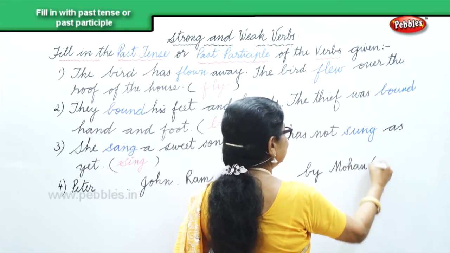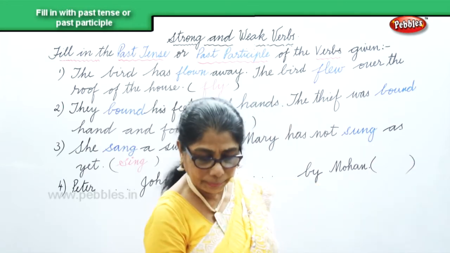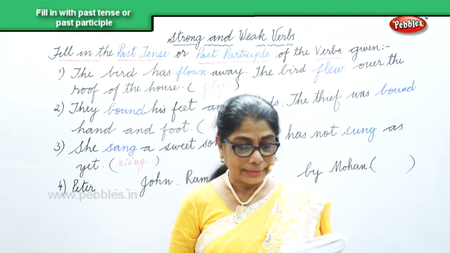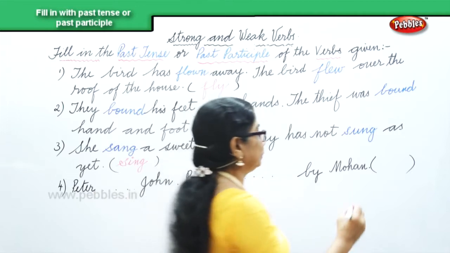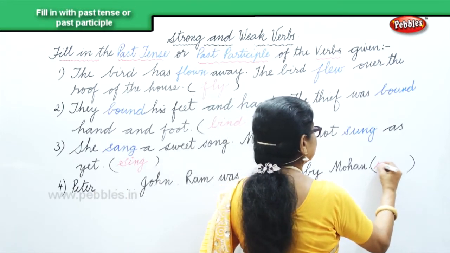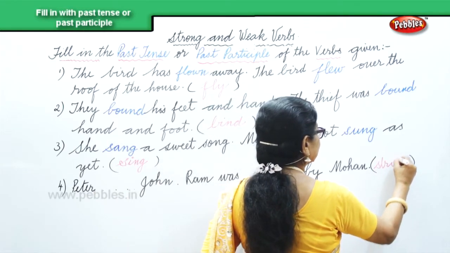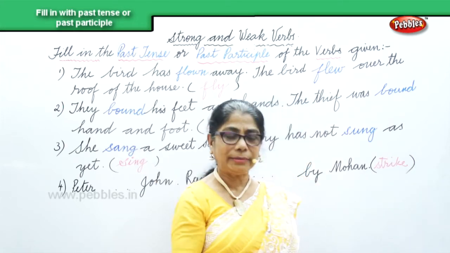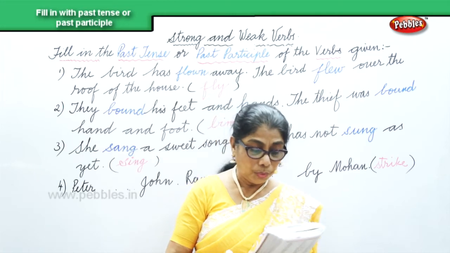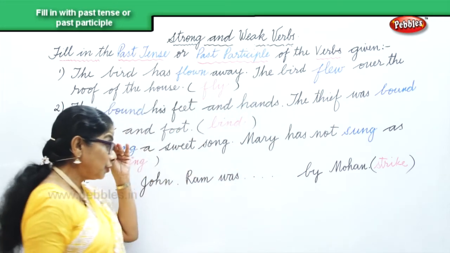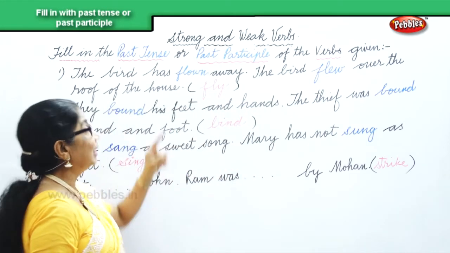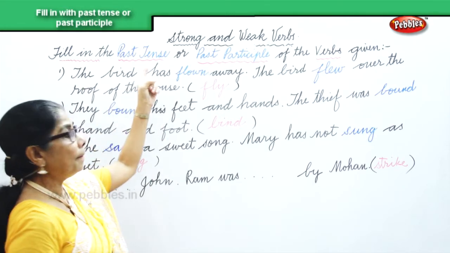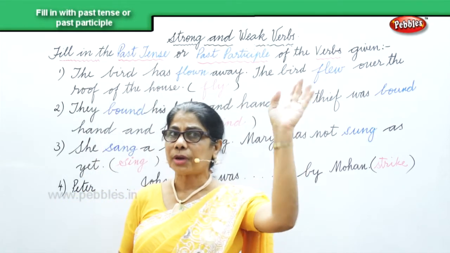I have two sentences, and the verb given, present tense, is strike. Strike, that is to beat. Strike someone. Okay, now the strike is the present, the past is struck, past participle also struck.